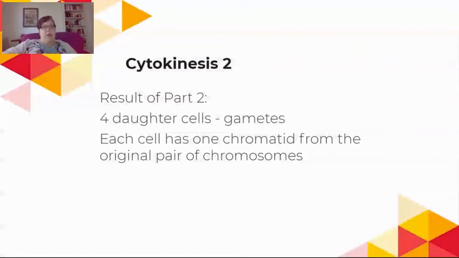In humans, those gametes are either sperm or egg, depending on what kind of human you got sitting in front of you. But regardless, they have the same basic genetic makeup where they have half of the amount of DNA that a normal cell would have.